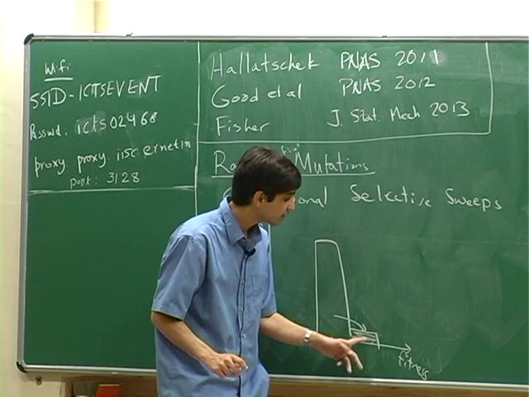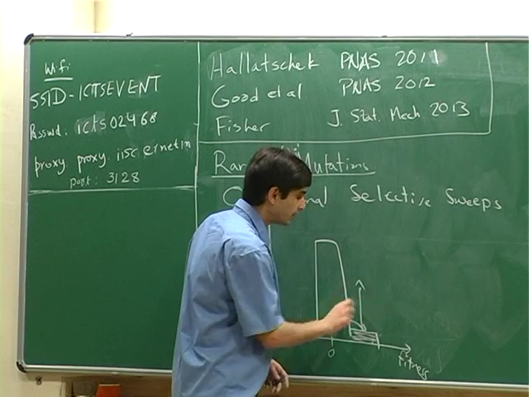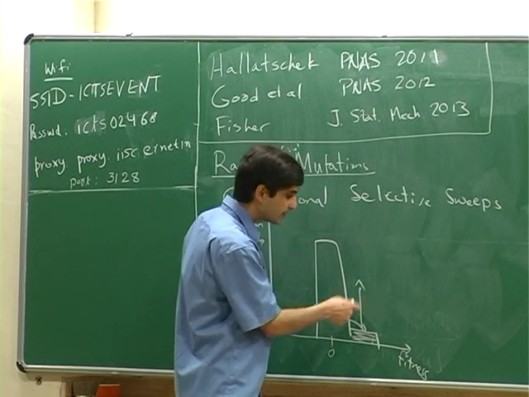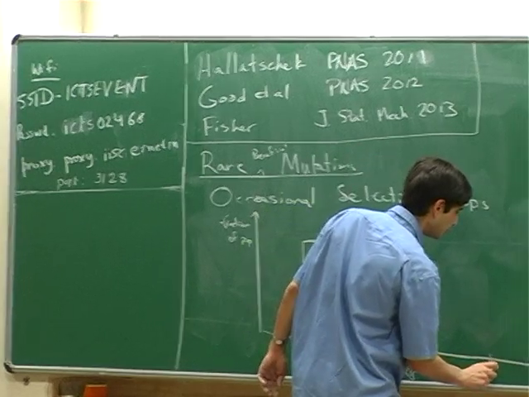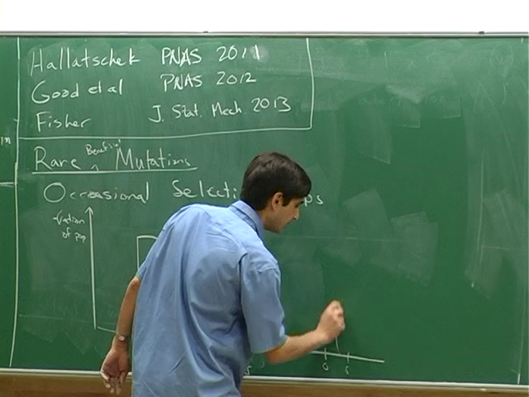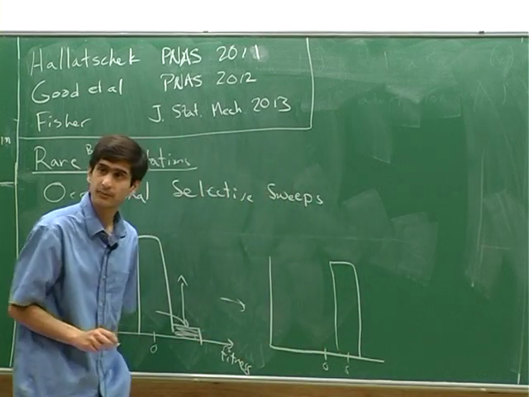This subpopulation, if it survived drift, would increase in frequency, and then before long, before any other mutations occurred, the whole population would look like this, right?